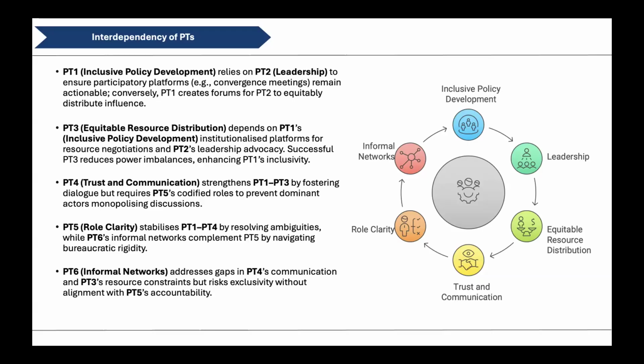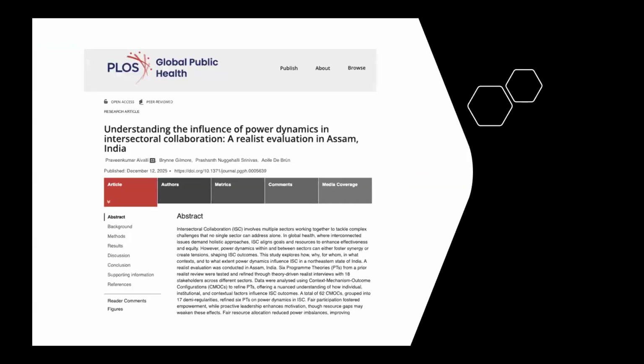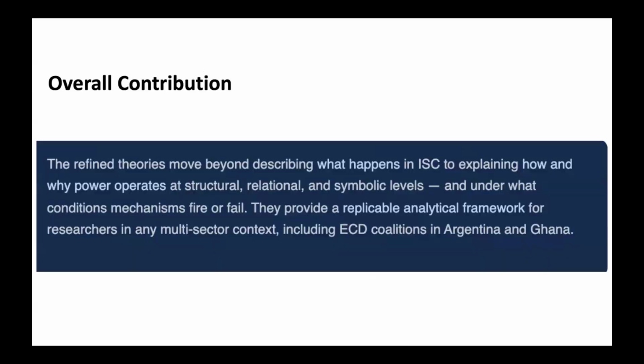The same with program theory number 3, which speaks about equitable distribution; it completely depends on program theory 1's inclusive development and program theory 2's leadership. That's how I found a relationship between all the program theories. This was the first step of developing a middle range theory. This evidence was also published in PLOS Global Health, where I have detailed all the CMOCs, steps, and other things, so interested people can read it.